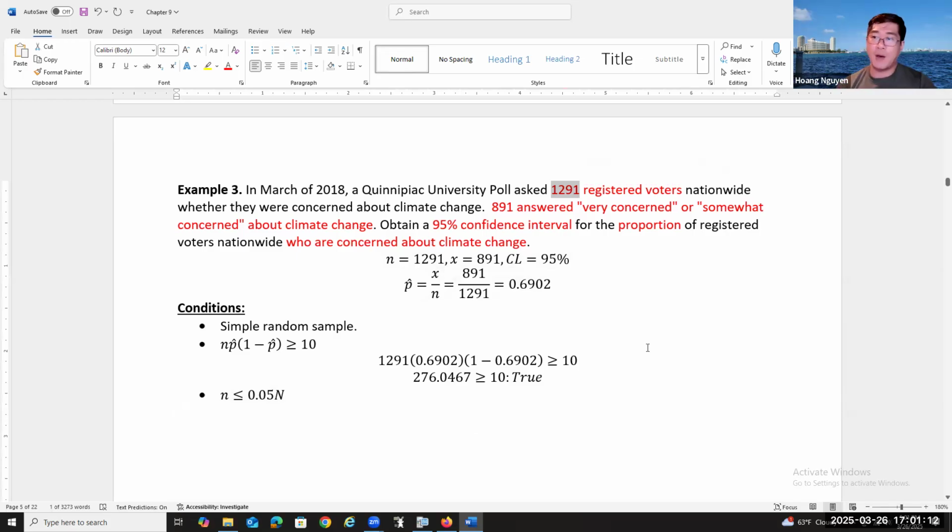So we have the entire population, everyone in the US right here, right? So we only select 1,291. So actually it's going to be less than 5% of the population. Yeah, so that should be okay. So the third condition should be okay, right? Now, after we check the conditions, everything good, then we can move on and do the calculation for the confidence interval.